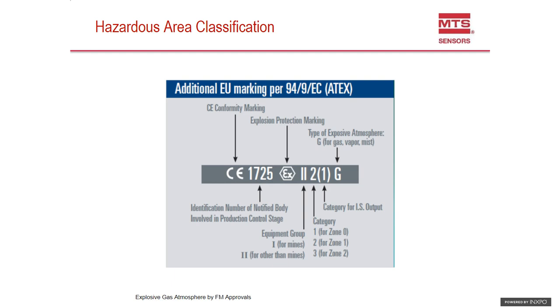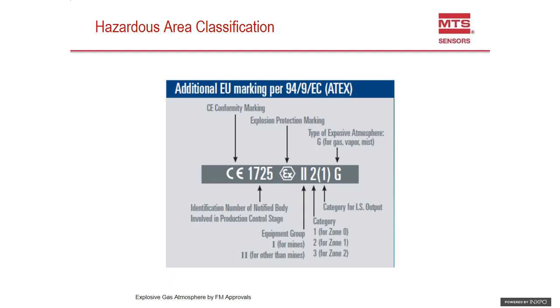The next part of that, here shown as 1725, is the number of the notified body. So this is the agency that you went to, or the manufacturer went to, to get the approval. So on the ATEX approvals, you know specifically that this is the place that issued the certificate, and then you can go and take a look at those certificates.